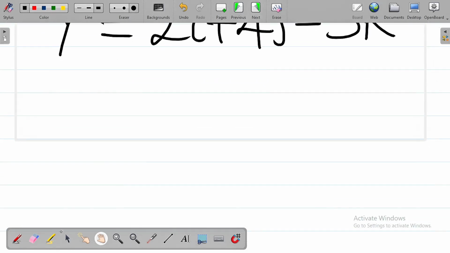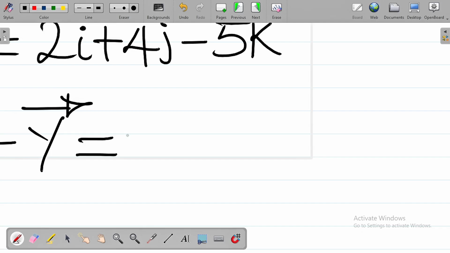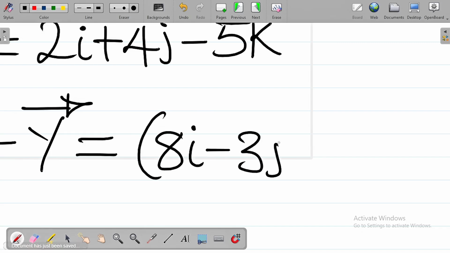Alright, let's consider the addition first. We have vector x plus vector y is equal to, what's vector x? Vector x is 8i minus 3j.